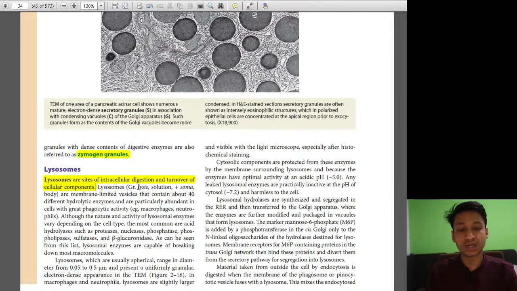Lysosomes, as the word explains, lysis is solution, plus soma meaning body, are membrane limited vesicles that contain about 40 different hydrolytic enzymes and are particularly abundant in cells with great phagocytic activity. So lysosome basically is a site which contains about 40 different hydrolytic enzymes.